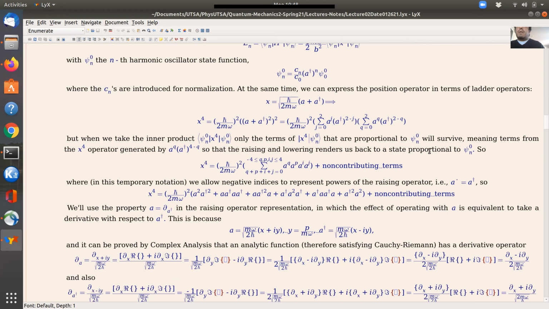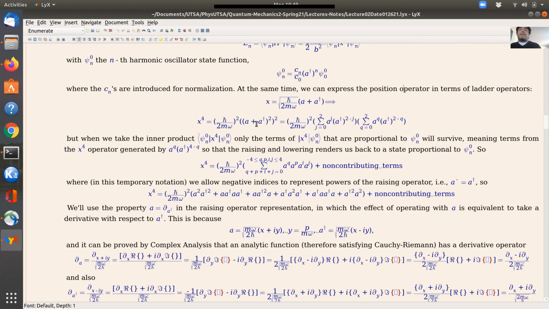Okay, there is something important to mention in this calculation: we want x to the fourth, but we get this long expansion from raising this to the fourth power, and not all terms will survive.